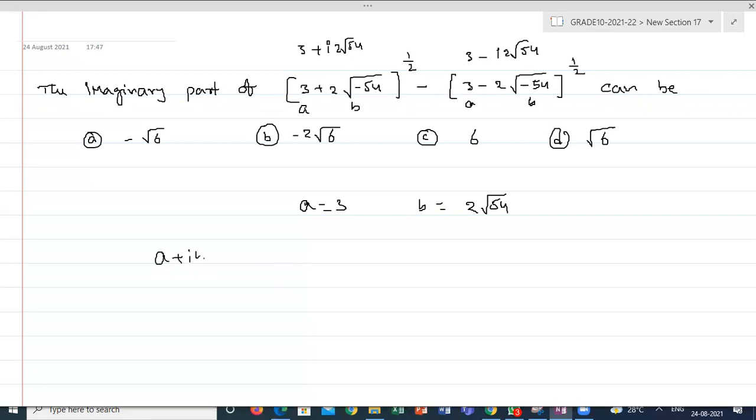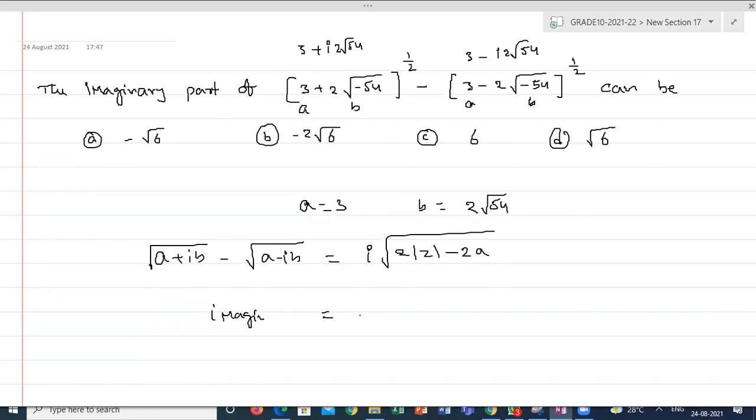The square root of a plus ib minus the square root of a minus ib will be equal to i times, there is no real part here because of subtraction, root of 2 times modulus of z minus 2a. So what is the modulus of the given? This will be the imaginary part.